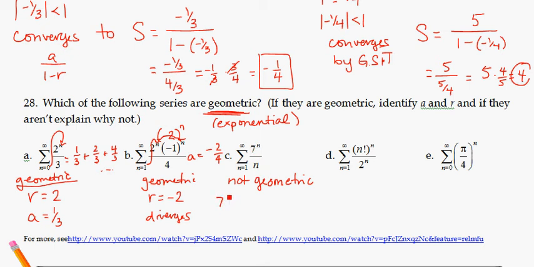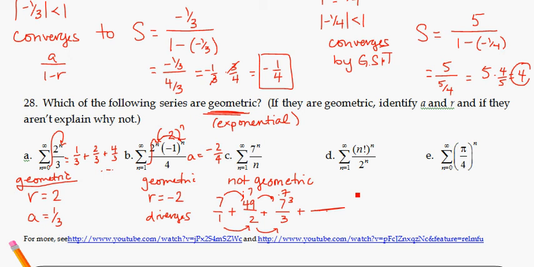So if I look at the first few terms, I've got 7 to the first over 1, plus 7 squared over 2, plus 7 cubed over 3, plus, and as I move through this, the numerator I'm multiplying by 7, that's true, but there's nothing I can multiply by to get from 1 to 2 and then have that same number from 2 to 3. So this one's not geometric.